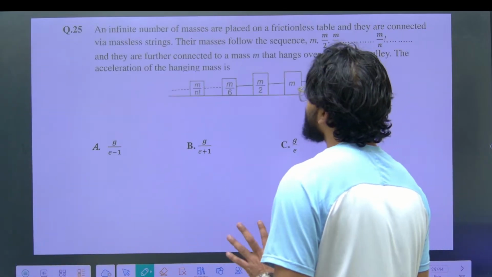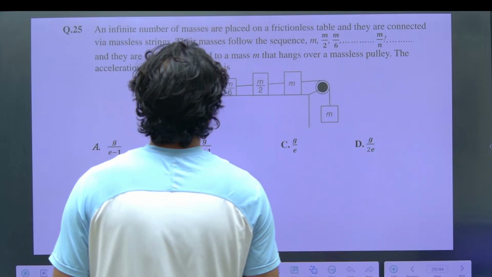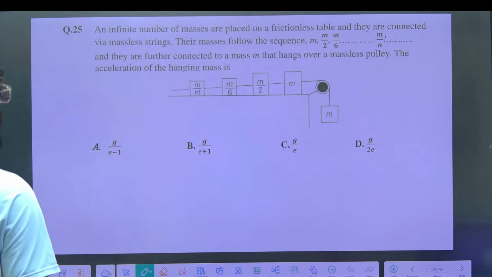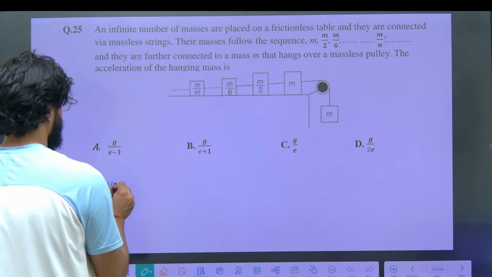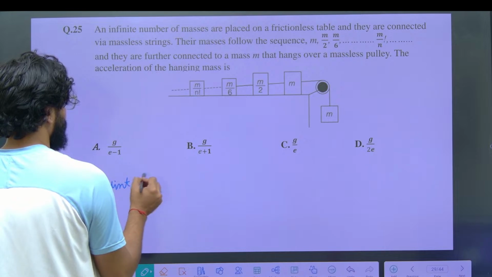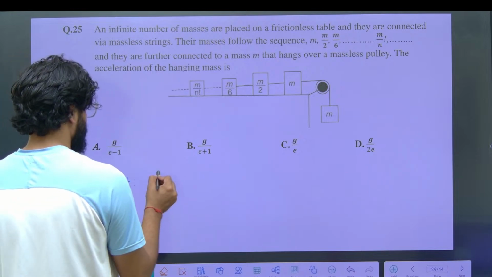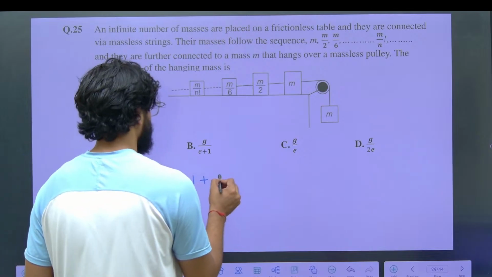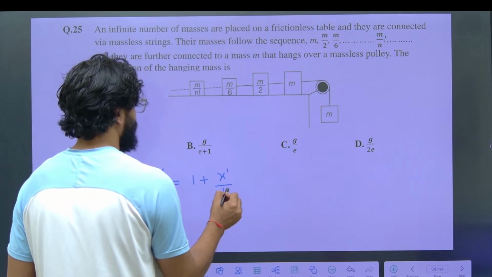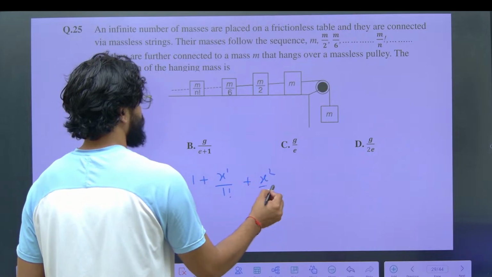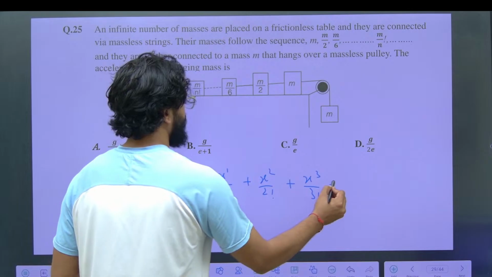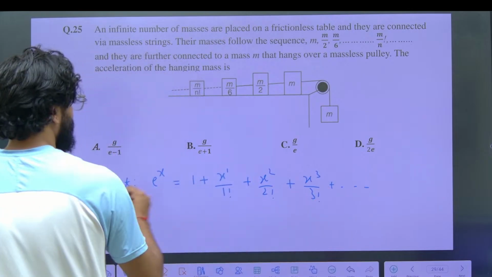This we do not have to do. This is a kind of question where we have to apply the series: x to the power 1 upon 1 factorial plus 2 upon 2 factorial, x power 3 upon 3 factorial, and so on. So kindly do this.